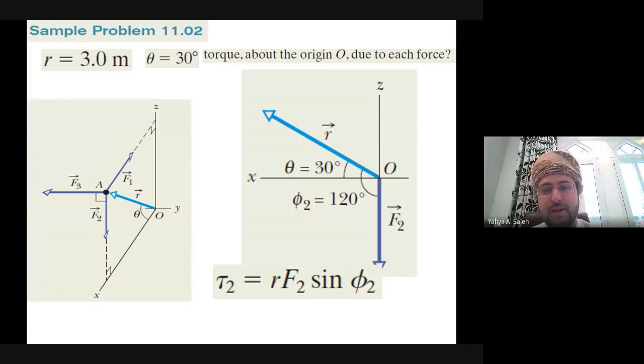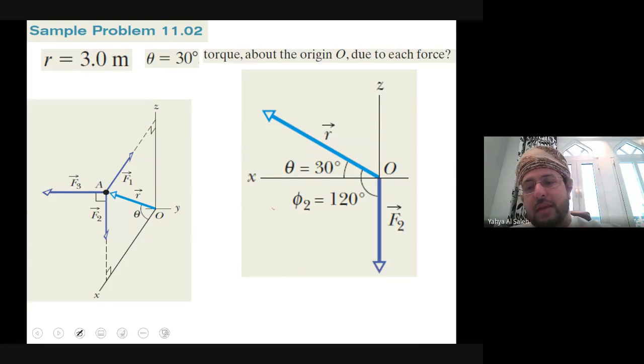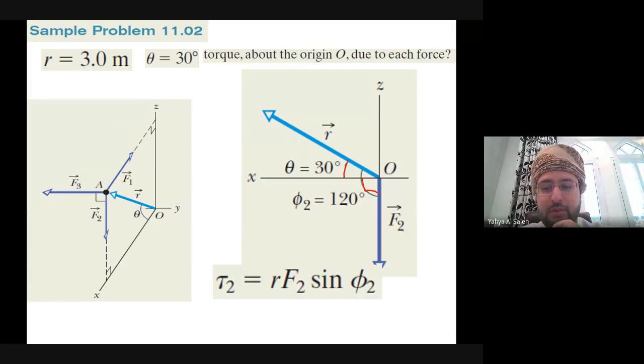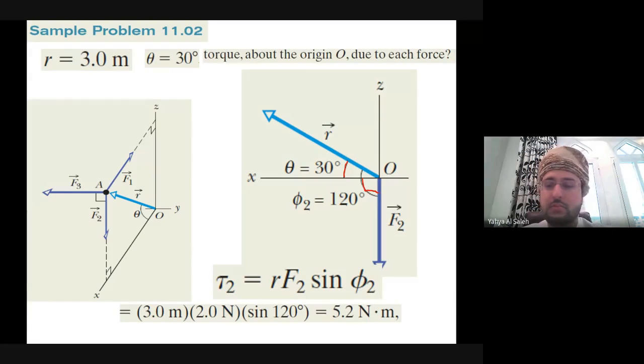Okay. Let's try another one. Let's look at F2. Well, F2 is down in the x-axis. So in the minus x-axis, so we have 30 degrees and another 90 degrees. That's 120. Plug the numbers in, 5.2 Newton meters.